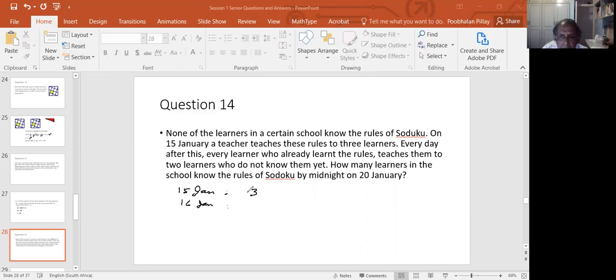Okay, so each of these 3 people, they know the rules. They taught the game to 2 new people. So now you've got those 3. The new people are 6, right? So then 6 new people know it on the 16th of January, right?